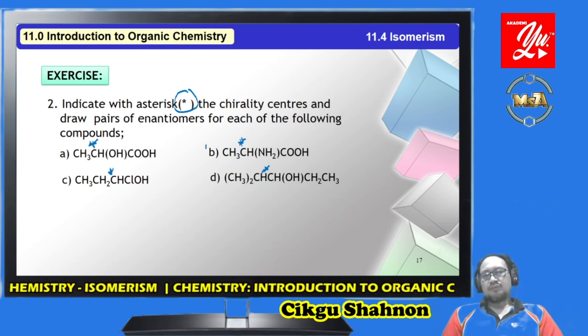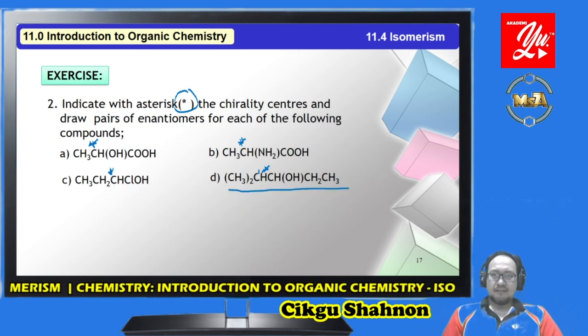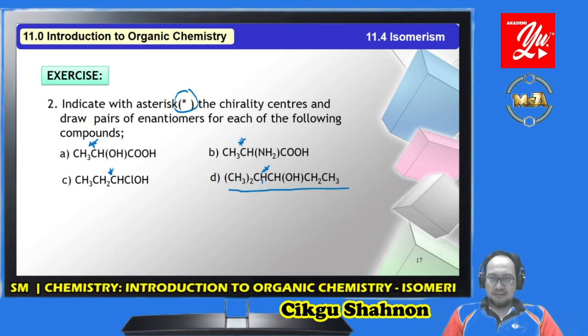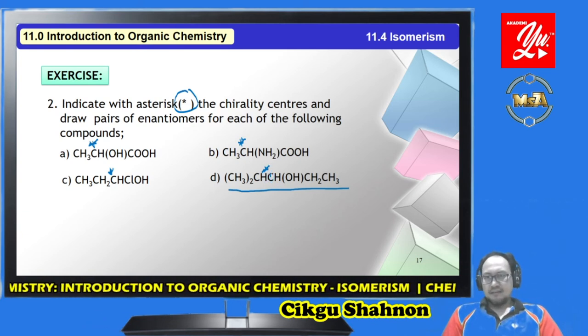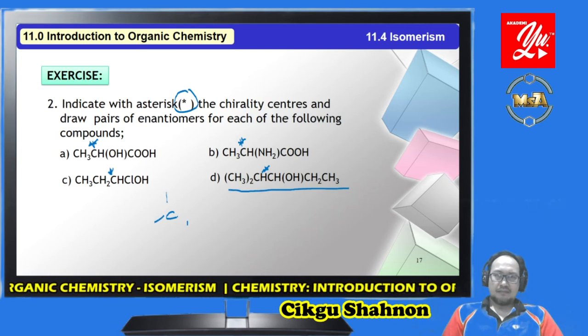I just want to draw one of them. Let me choose this one. I just put the asterisk here, CH, and then C line. We can change the line to be here, no problem.